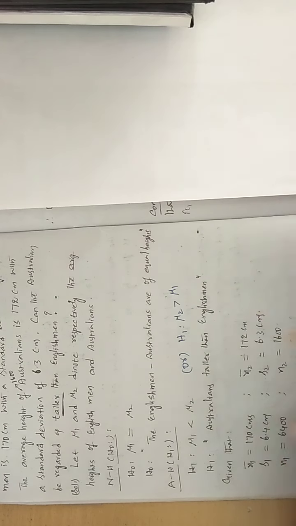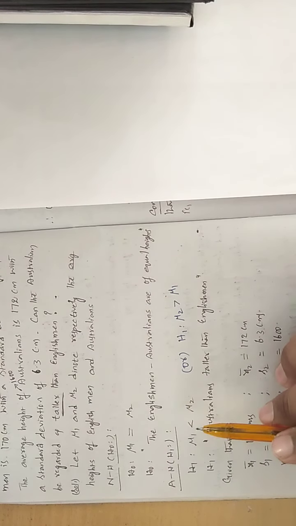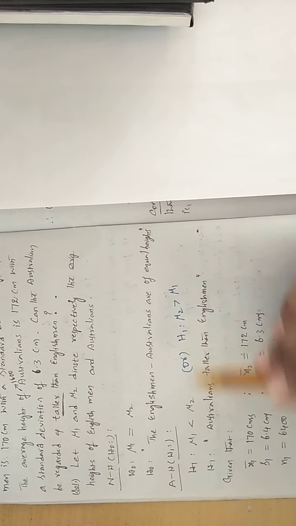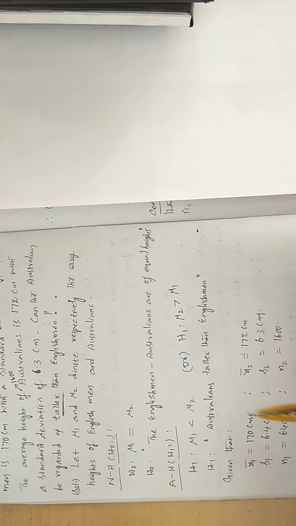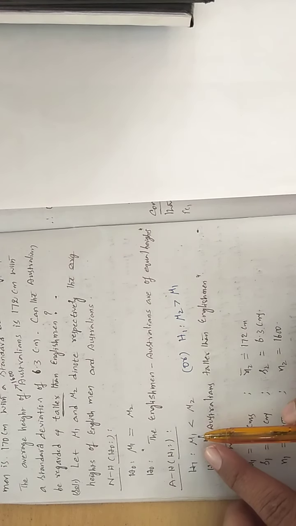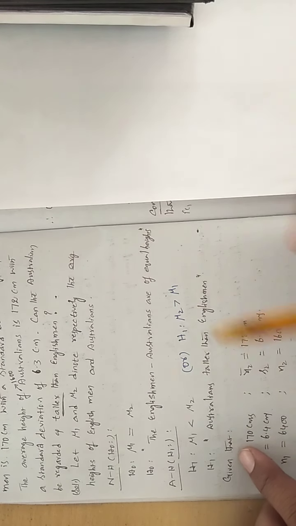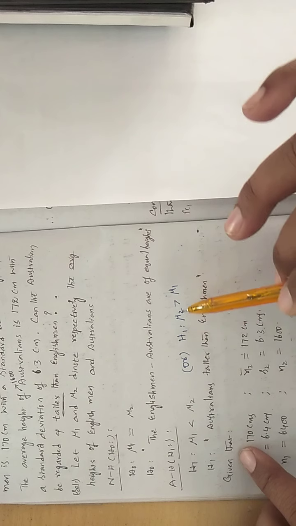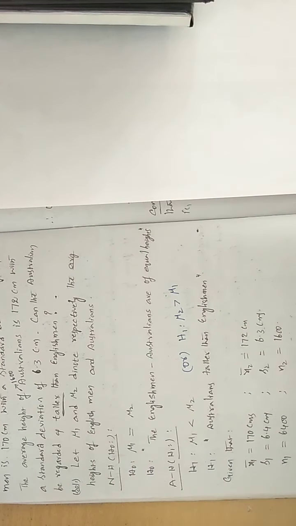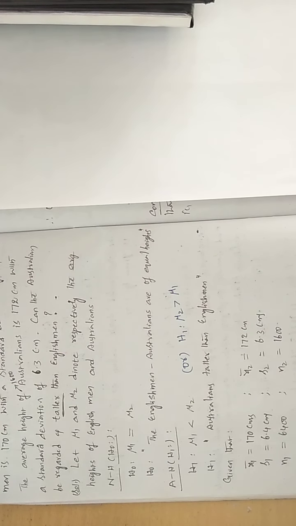Greater than. Both are equal. Don't confuse. The reason I gave this notation is that first mu1 comes, then mu2 comes, like that I am comparing. If you want, you can write in this way also. This is also a correct alternative hypothesis. I think you understood this logic.